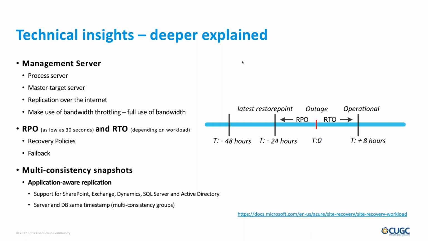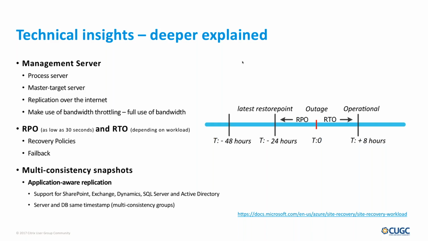On that management server, there's a process server running, and the process server is the server that acts as coordinator for data transfer between the Site Recovery services and your on-premise environment. So it's translating the virtual machine data to Microsoft Azure.